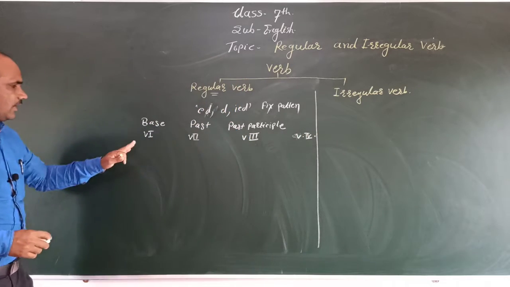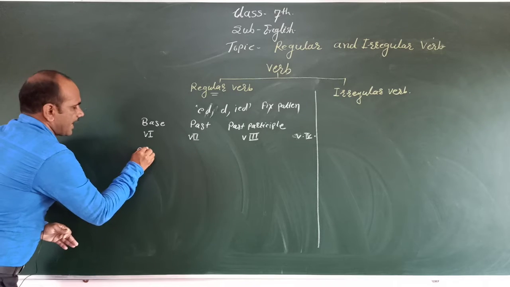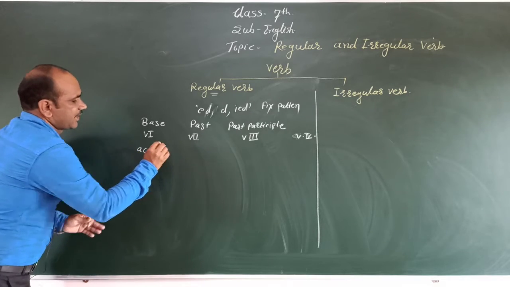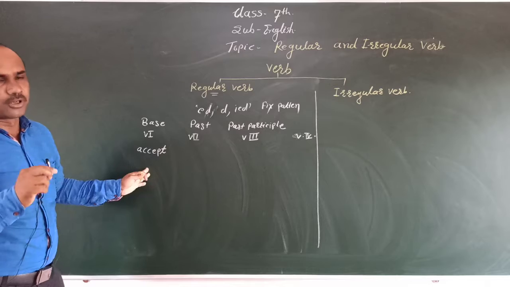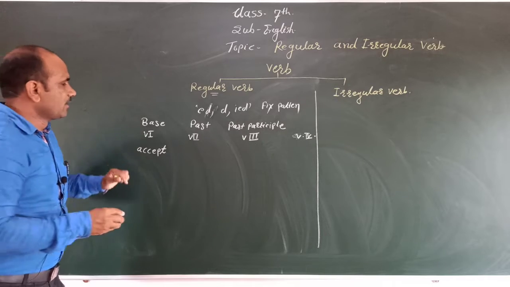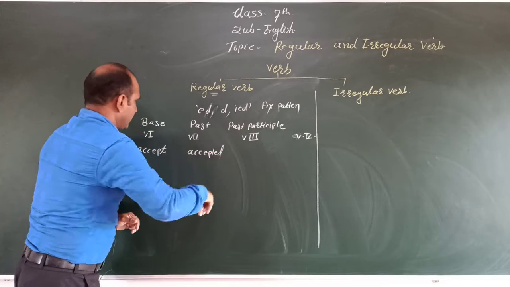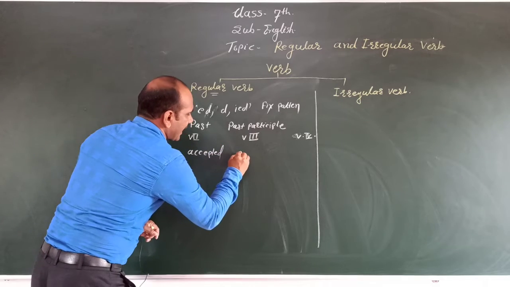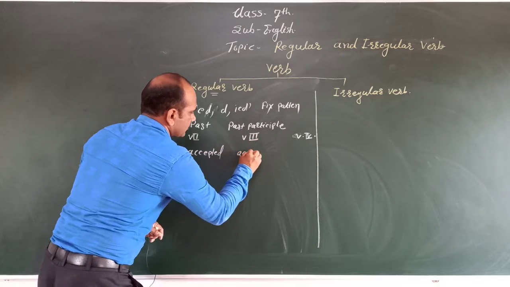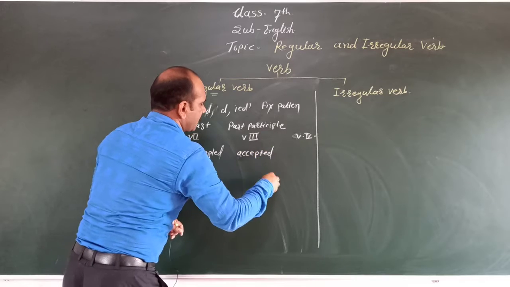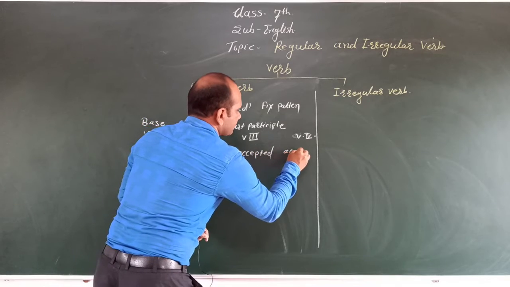Listen, for example, accept. This is the first form of the verb. It is a base verb. Then the past form is accepted. Then the third form is also accepted, and the fourth form is accepting.